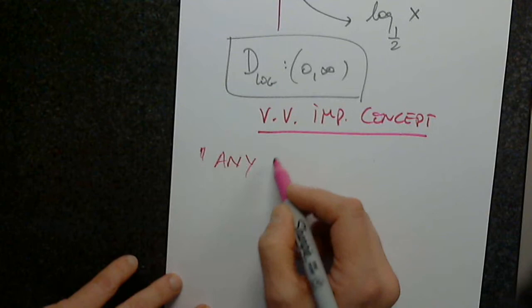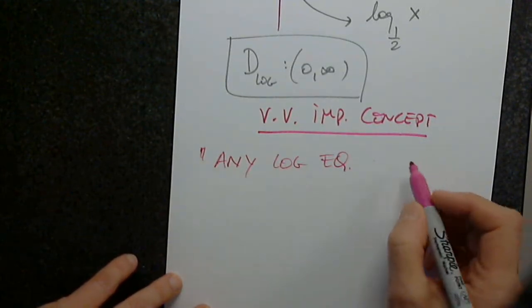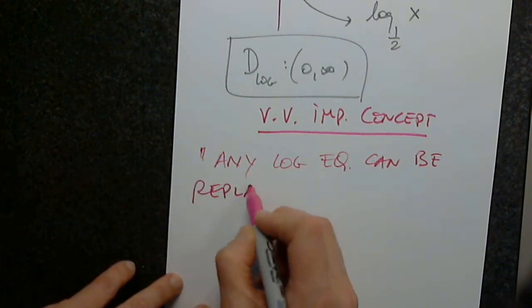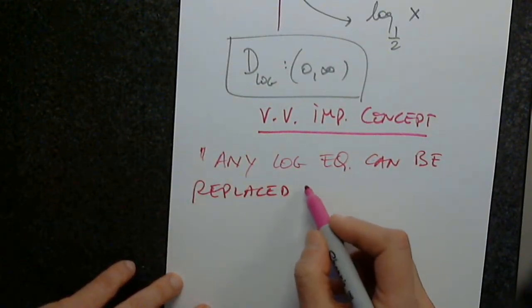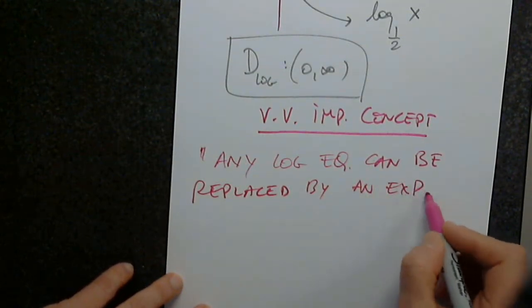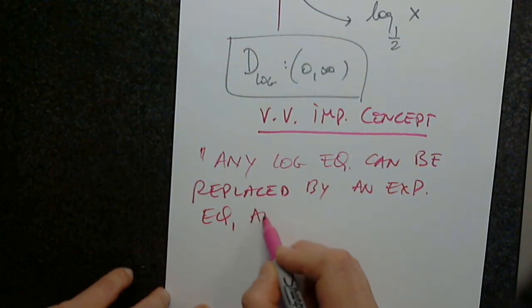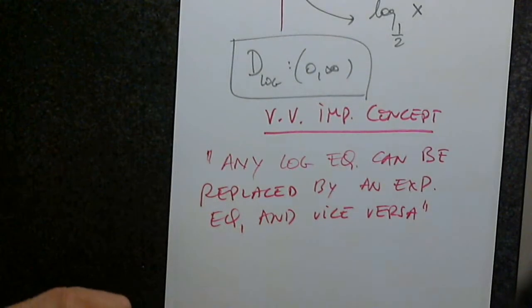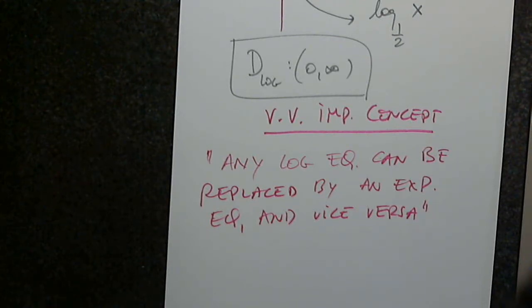Any log equation can be replaced by an exponential equation and vice versa. I have not shown you how the exponential and the log work together. I need this concept first in order to show you what's happening here.